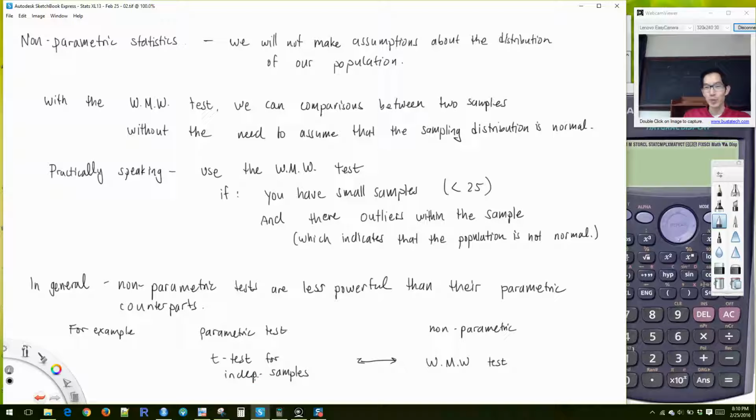It would be a dangerous thing to do. So you have to use a non-parametric test, but in general they're less powerful, so you need to have more convincing data in order to make the same type of conclusion. Okay, so this is kind of when we would apply the non-parametric test.